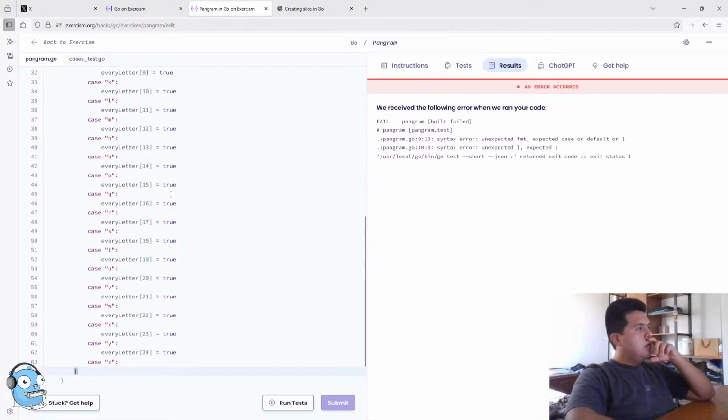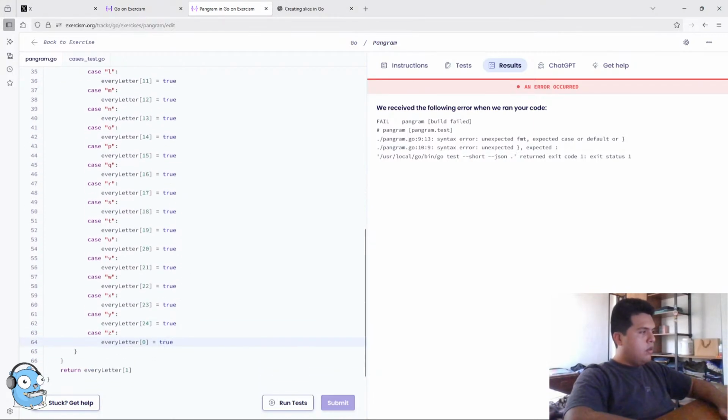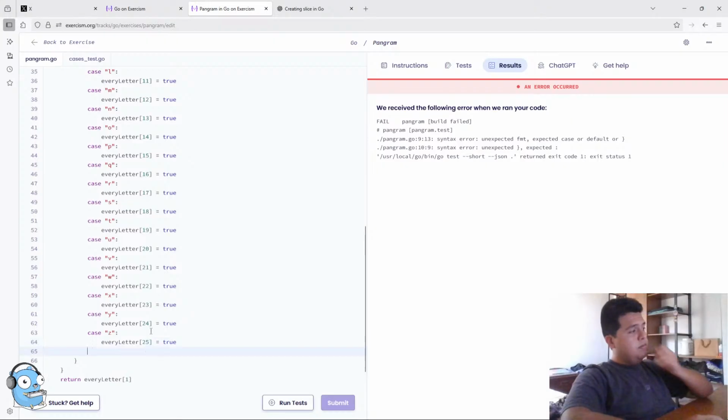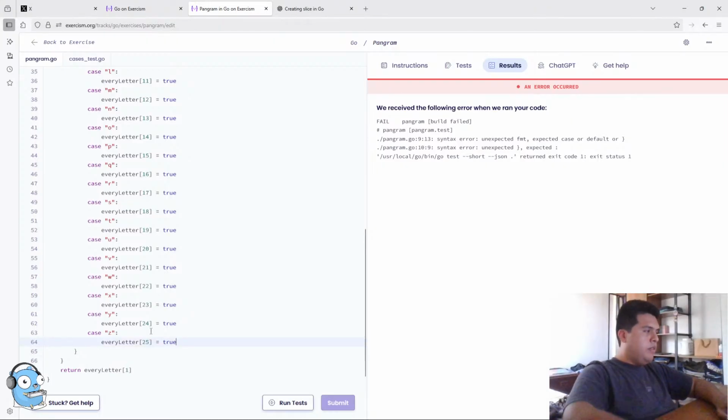Okay, 25. And now we go for i equals 0, i is less than the length of input, every letter, and i plus plus.